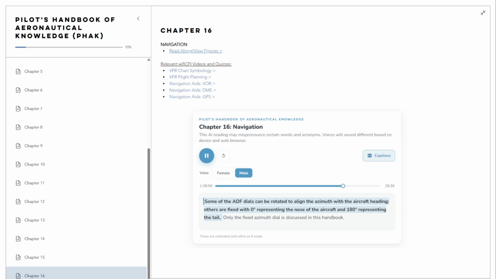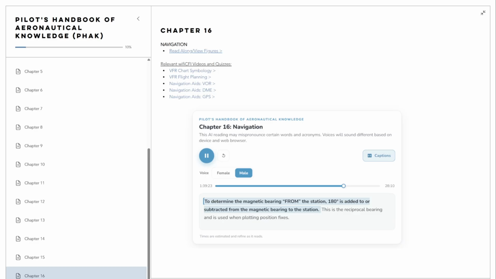Some of the ADF dials can be rotated to align the azimuth with the aircraft heading. Others are fixed with 0 degrees representing the nose of the aircraft and 180 degrees representing the tail. Only the fixed azimuth dial is discussed in this handbook. Figure 16-38 illustrates terms that are used with the ADF and should be understood by the pilot.